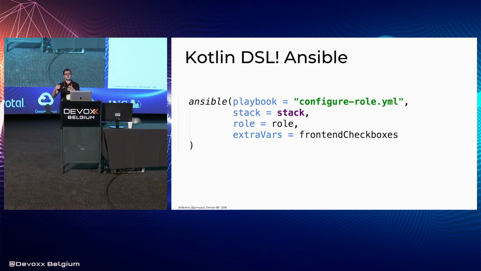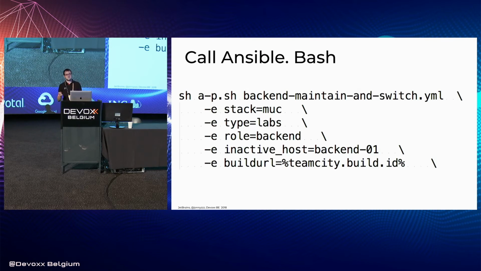I created a function in this DSL, and when I need a build step to run Ansible, I call this function. And it's easier than having things like that. So this is the fancy script which we created with our IT department to start Ansible. It was like a snippet. Imagine you have the same snippet copied all over the place. And then you realize, OK, I need yet another parameter here or something.